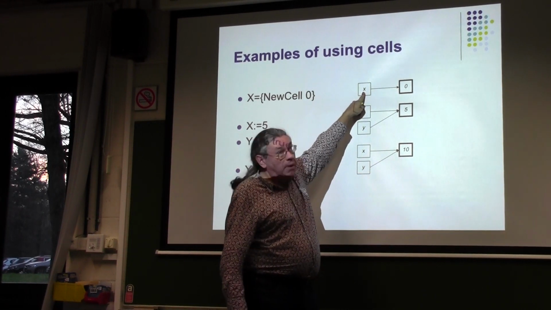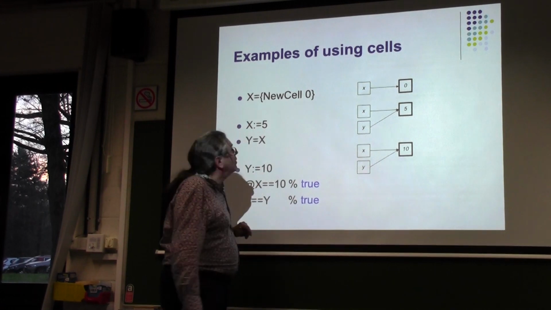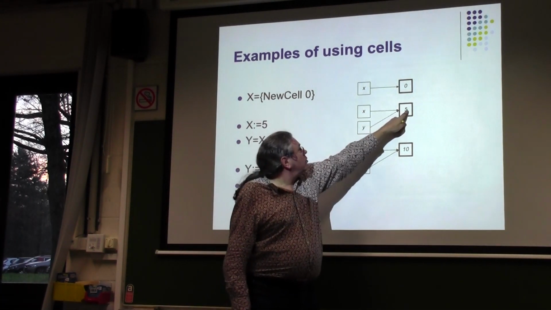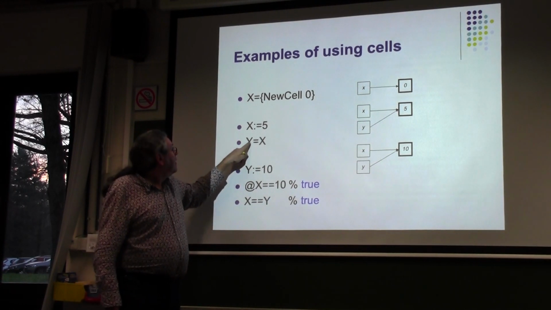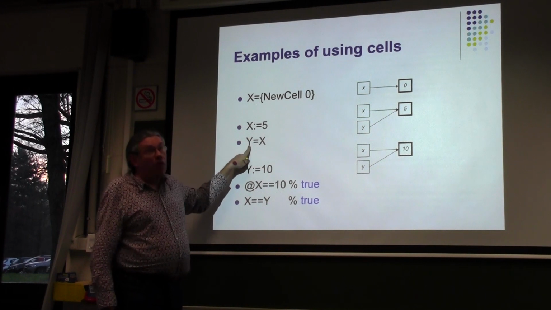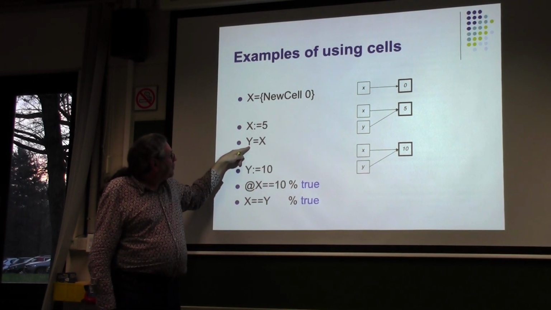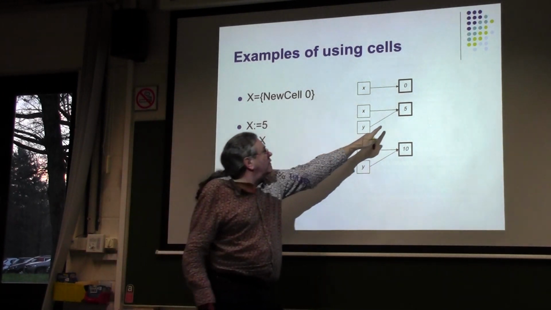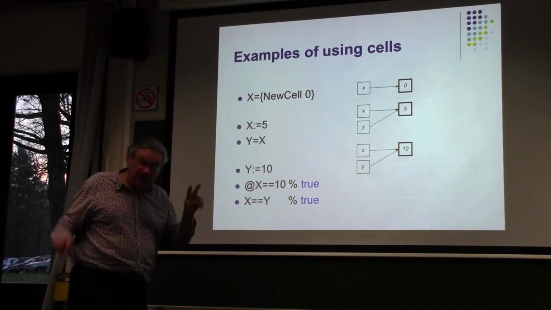X is actually bound to the name of the box, and 0 is the content. So here, the box will have content 5. If I do Y is equal to X, then the name of the box will be also in Y. That means if I change the cell content, X will also see the change. Okay, so this is called aliasing.